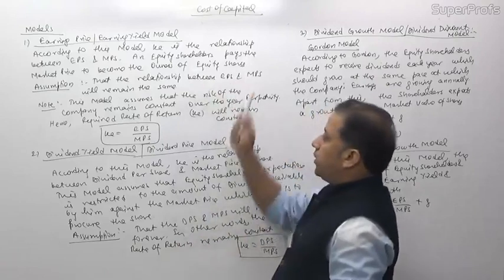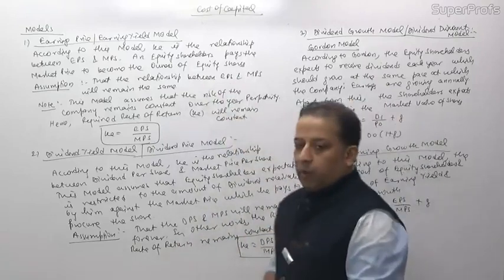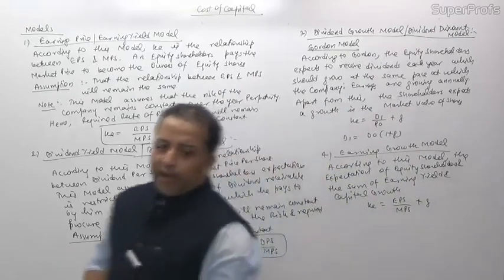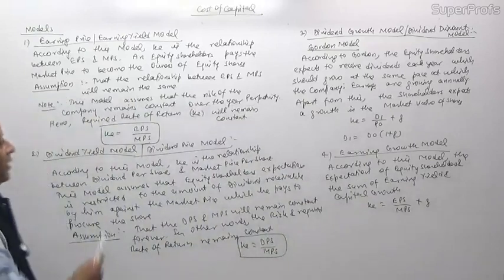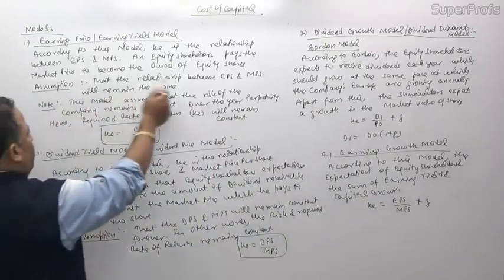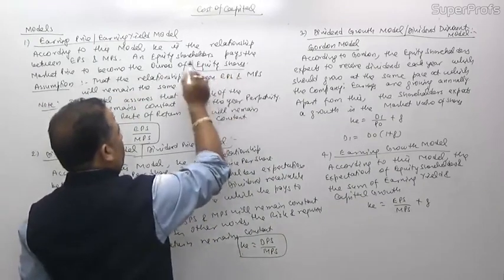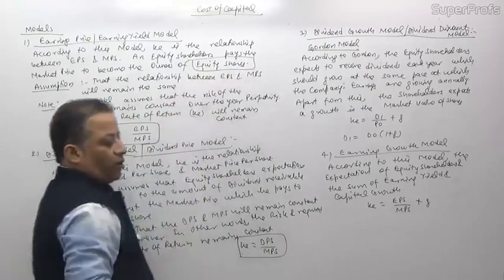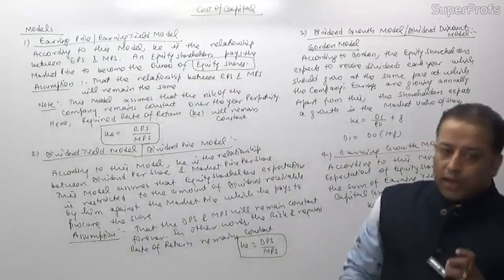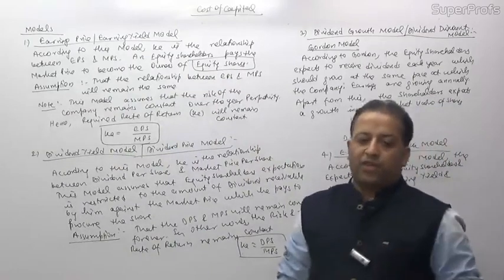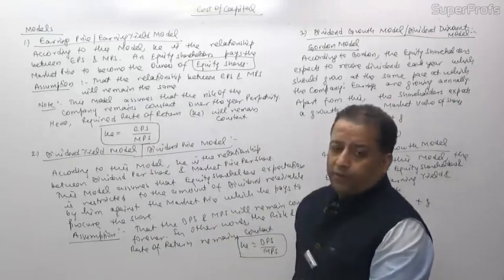An equity shareholder pays the market price to become the owner of equity shares. Obviously, to purchase the equity shares, the shareholders have to pay some price. There are certain assumptions of this model.